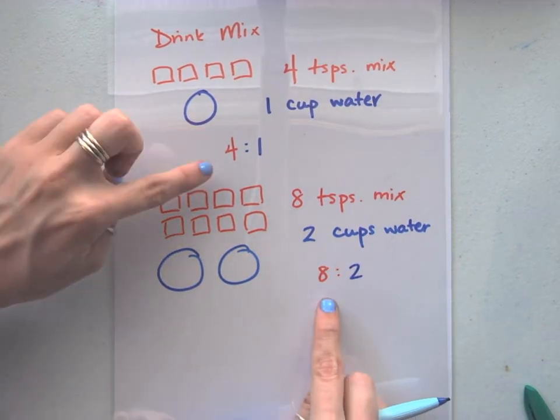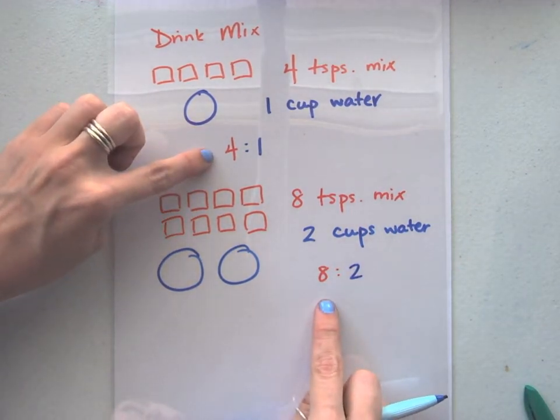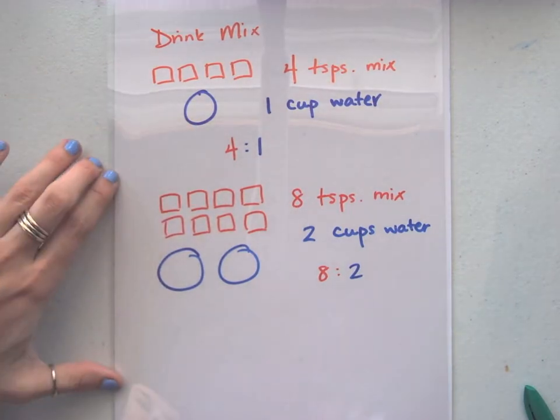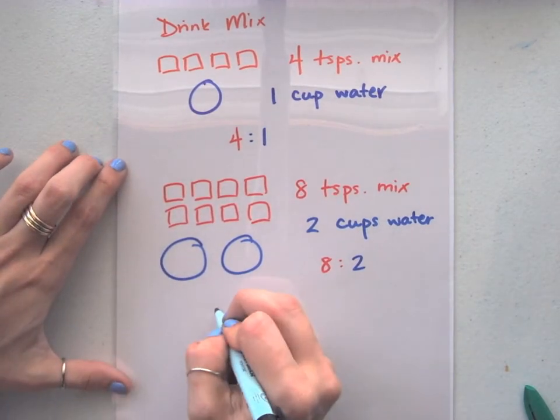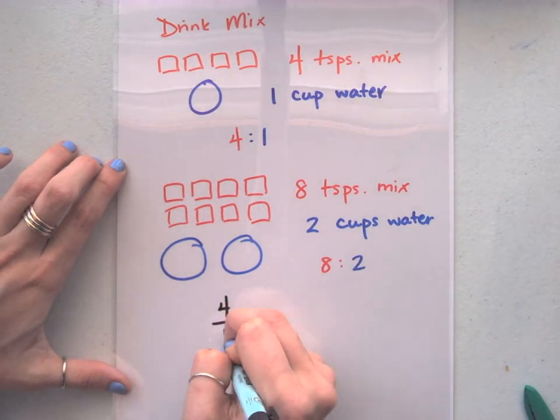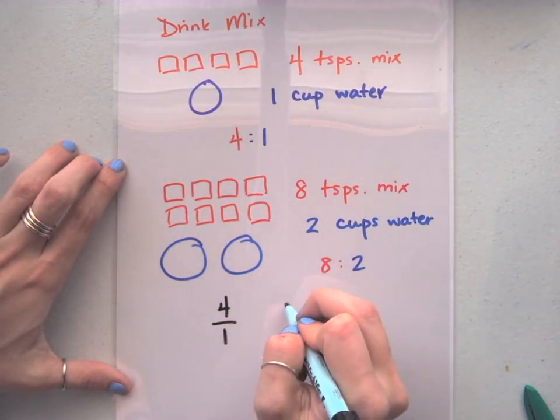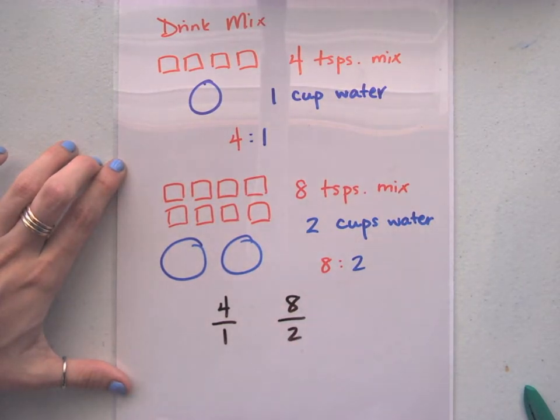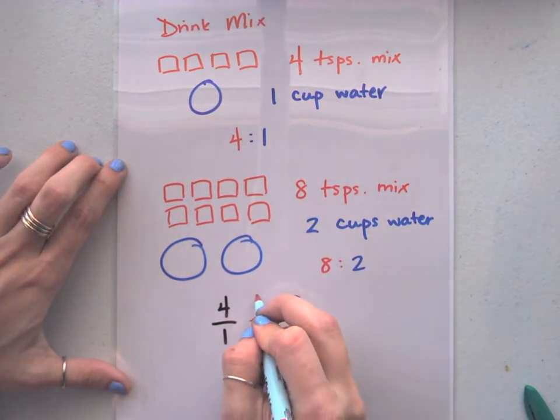But even though these numbers are different, our drinks are going to taste exactly the same because these ratios are equivalent. My first ratio was 4 to 1. I'm going to write it as a fraction. My second ratio was 8 to 2. I'm going to write it as a fraction. And the question is, are these equivalent?